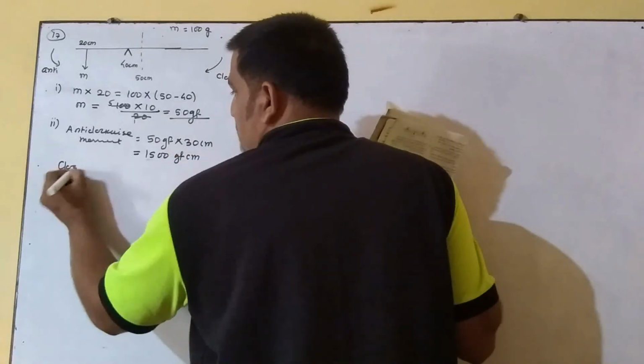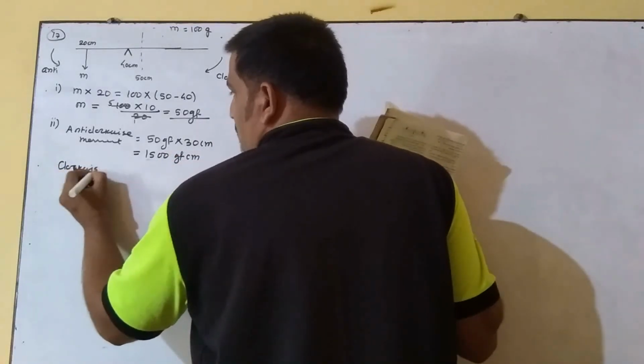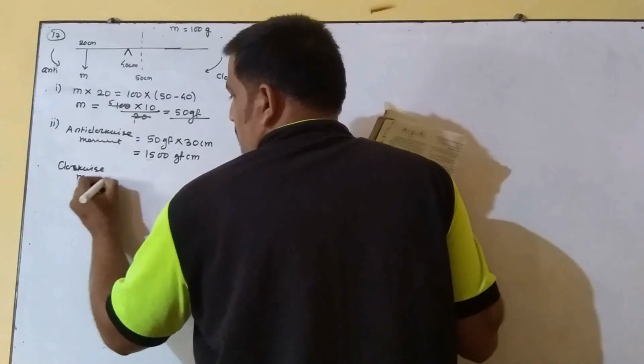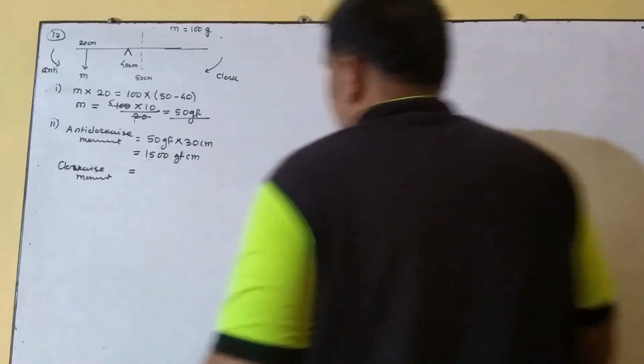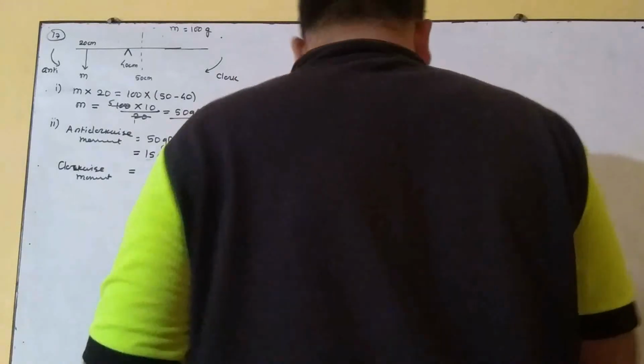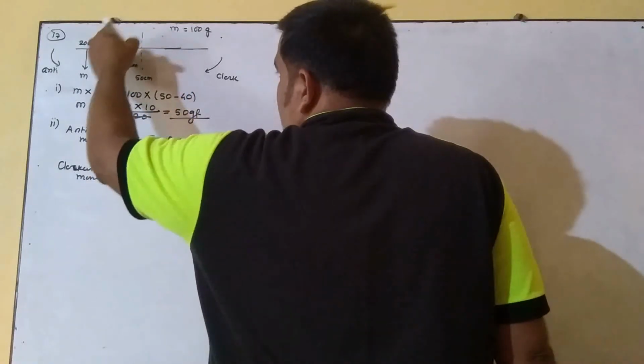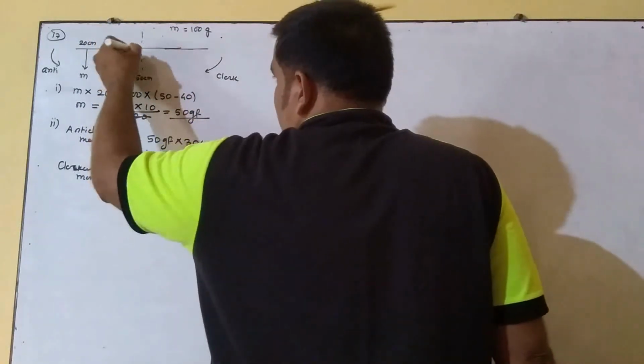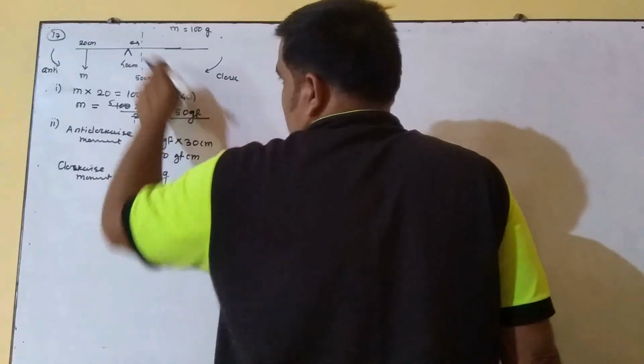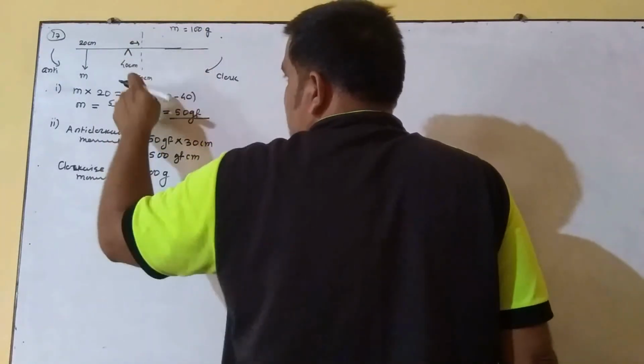Now let's see clockwise. Clockwise moment is, the mass of the meter rule is 100 gram, and it is at a 10 centimeter distance, because the ruler balances itself at 50.